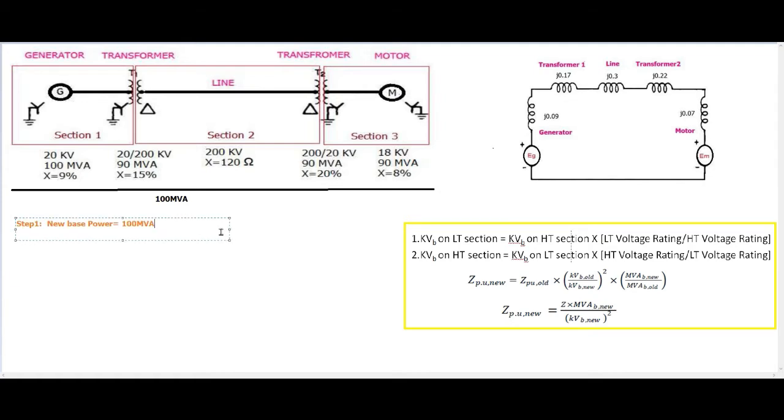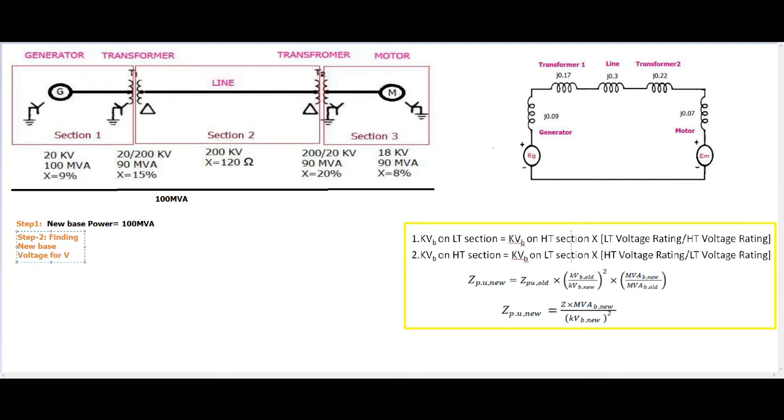Okay, so the second step is finding the new base voltage for various sections.